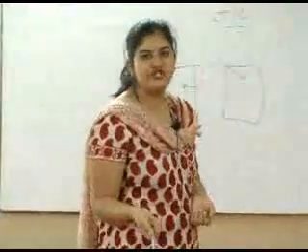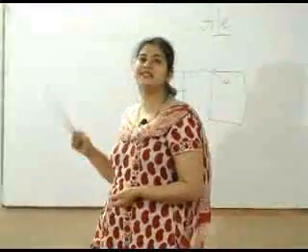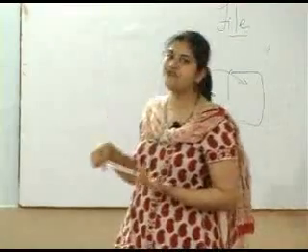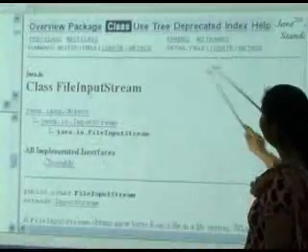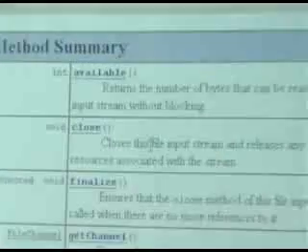Now, since we have some time left, let's explore these streams and see what methods are there in FileInputStream and FileOutputStream. Let's go back to FileInputStream first, where we are supposed to read the data. Let's see the methods one by one.